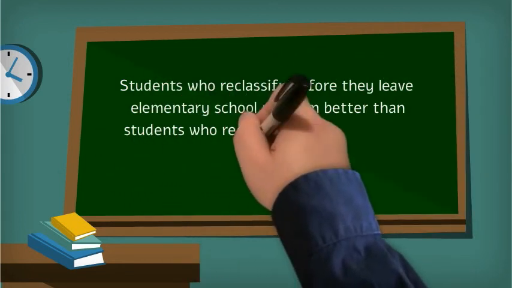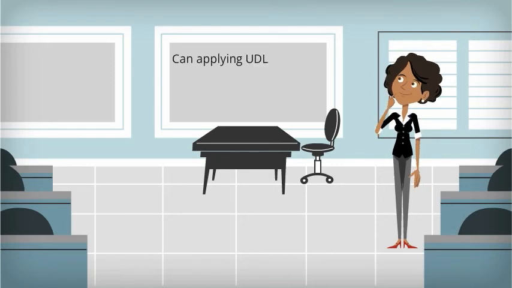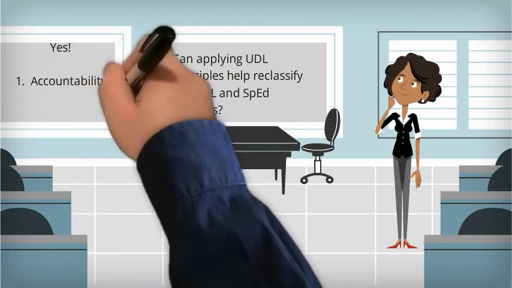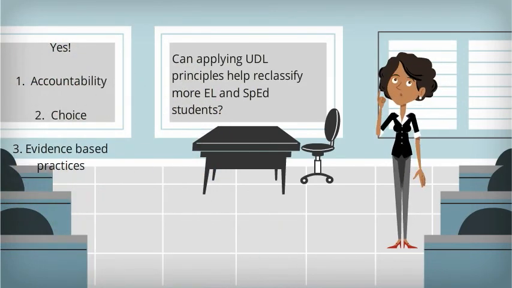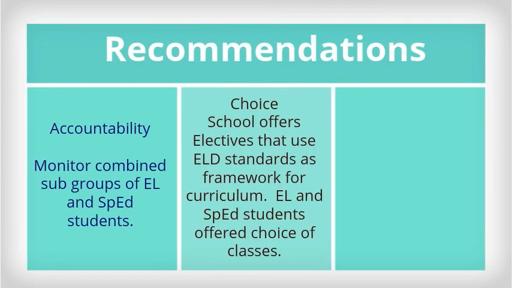The question is, can applying UDL principles help reclassify more ELs and special ed students? The answer is yes, with accountability, choice, and evidence-based practices. My recommendations are that for accountability, school districts monitor the combined subgroups of EL and special ed students.